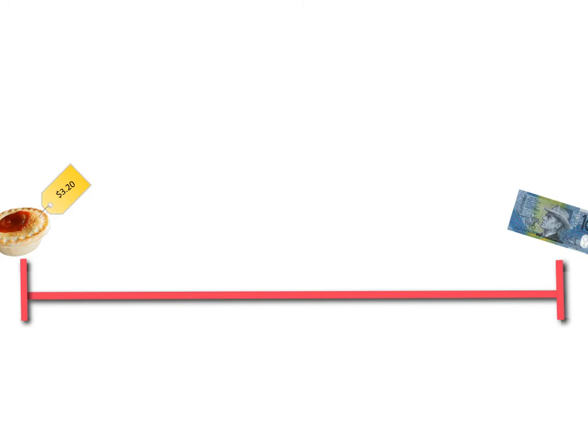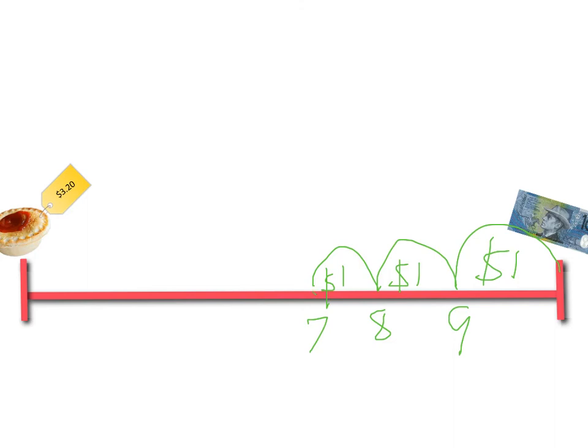So if I start at $10 and I jump back $1 here, I'd be at 9. Another $1, 8. If I count another $1 back, I'd be at $7. If I count another $1 back, I'd be at $6.